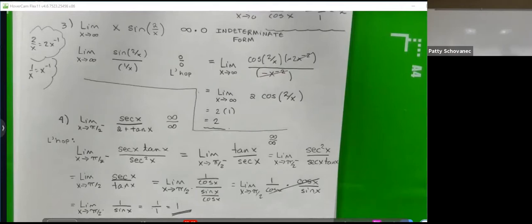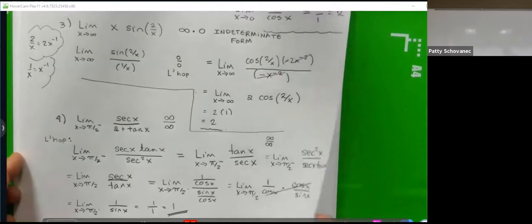We had the indeterminate forms of 0 over 0, infinity over infinity, which take us directly to L'Hopital's rule. The infinity times 0, we had to do some algebra. And then we had the infinity minus infinity, where we had to do some algebra.